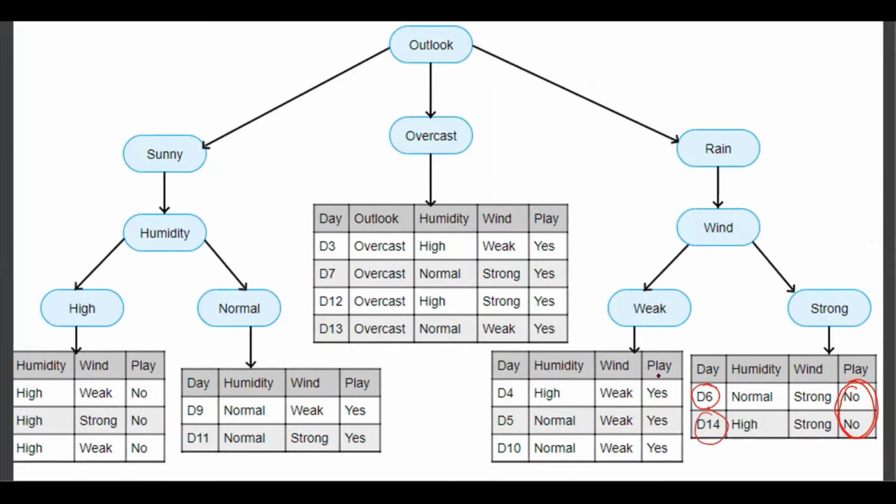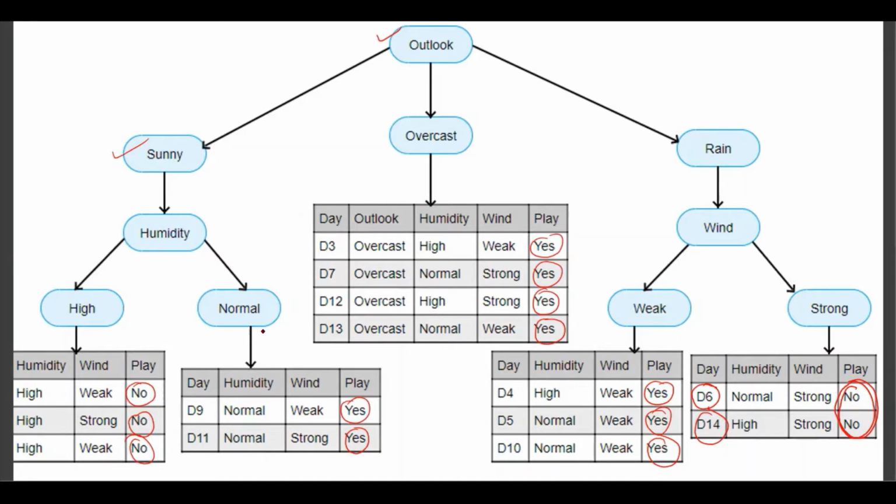Similarly here we have yes. That means you are able to take a decision. You have to go through different branches. Finally, you are able to take a decision here. If you start from this one, then you will come here, then again divide, that way you can end it.